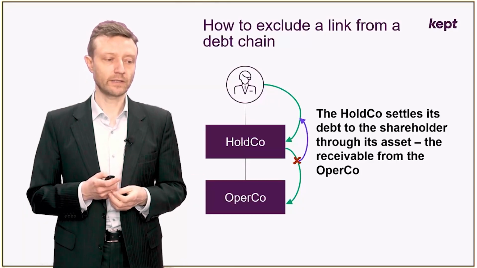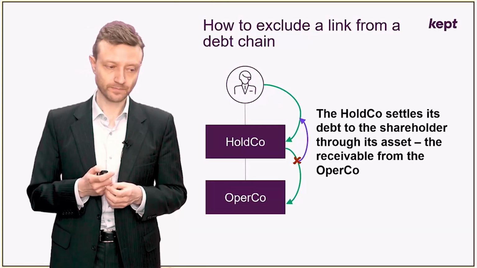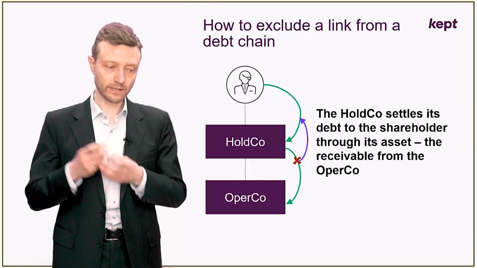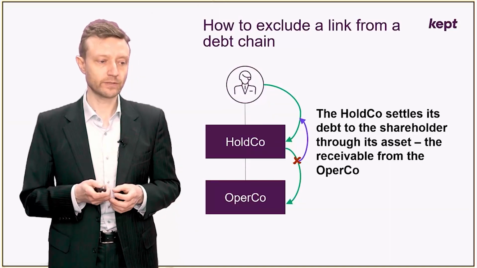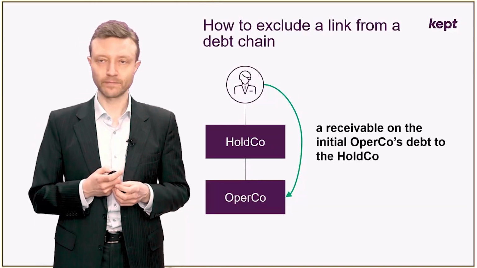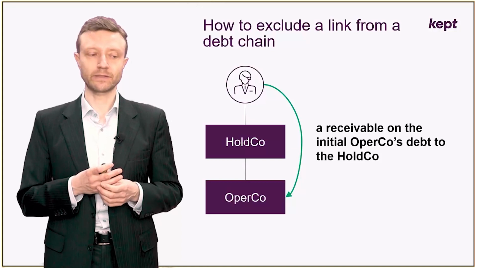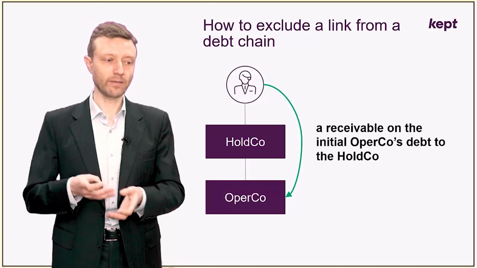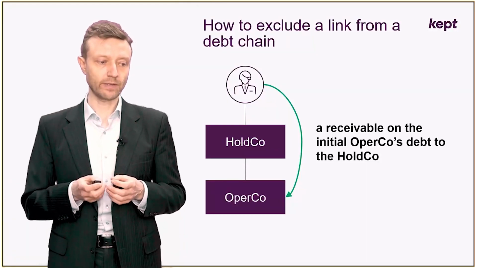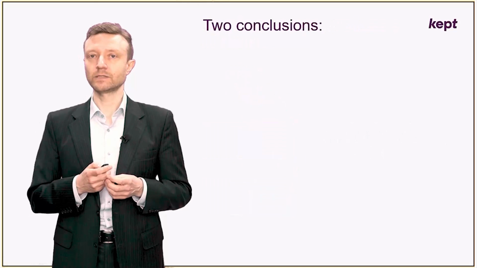For example, if we ended up with a structure where the holding company is an intermediary between the operating company and the shareholder, then it can settle its liability to the shareholder using the asset, the initially extended loan, so that now the holding company is no longer liable to repay its debt to the shareholder because it repaid it using its receivable, and the claim is back to the shareholder, which is now the creditor of the operating company under the loan agreements, under the debts of the operating company.